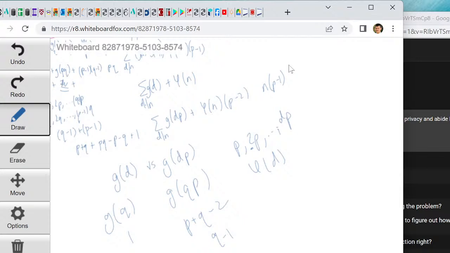And then the rest is the ones where GCD is prime and not P, so it's still all the prime values of Q. But now you could get 2Q, 3Q, all the way up to (P minus 1)Q.